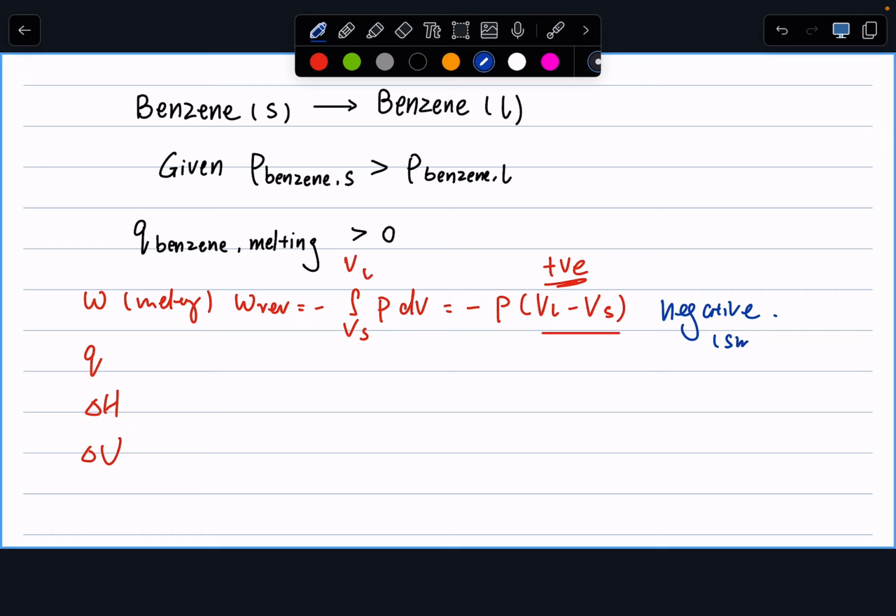All right. And for Q_P, well, Q_P in this case just equals my delta H, because delta H equals Q_P at constant pressure. So delta H equals Q_P equals my Q of benzene melting, which is a positive number.